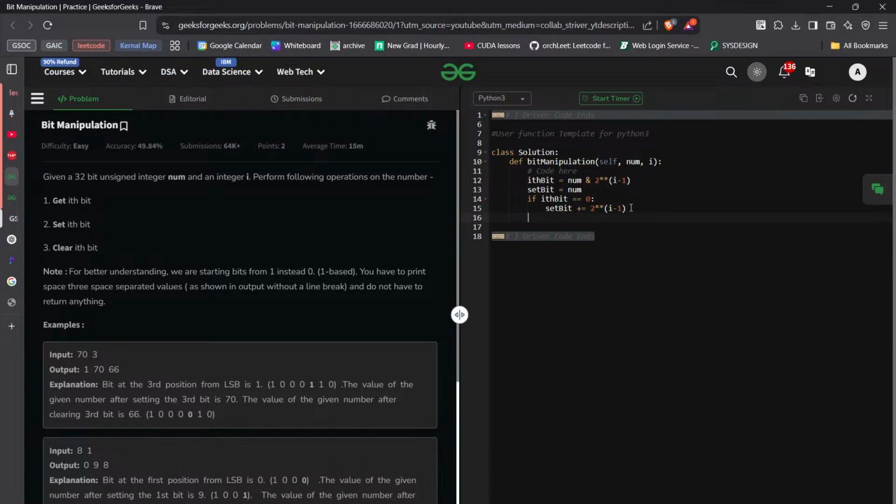Then we are done with setting, and next is clearing the ith bit. Let's keep the clear bit as the number, and we can do this inside this loop only.